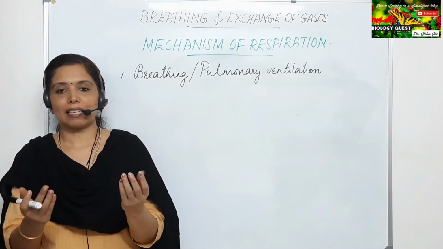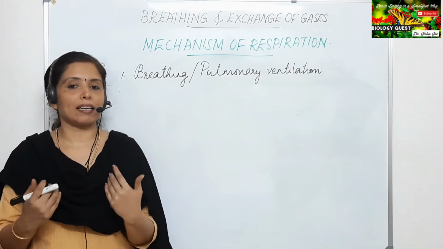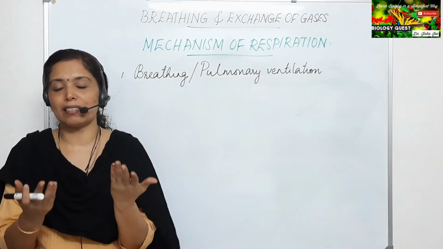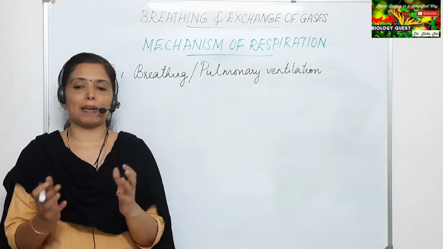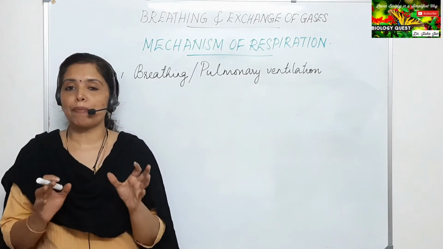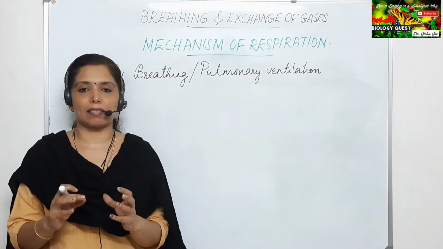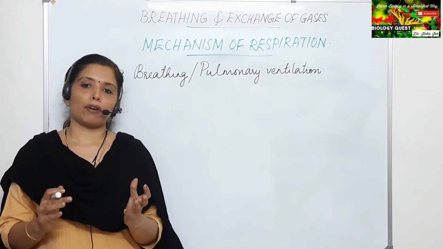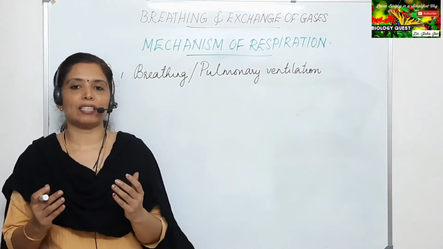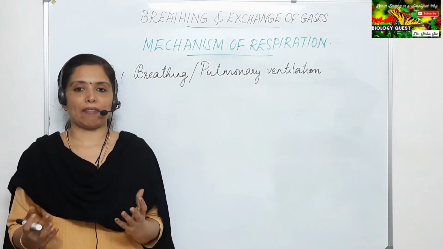The movement of the air into the lungs and out of the lungs is due to the alternate changes taking place in the intrapulmonary pressure, the pressure inside the lungs, which is brought about by the change in the pressure of the thoracic cavity.